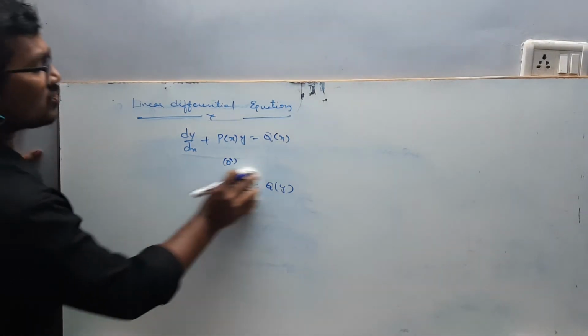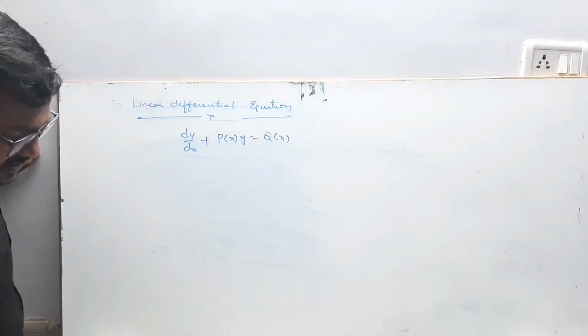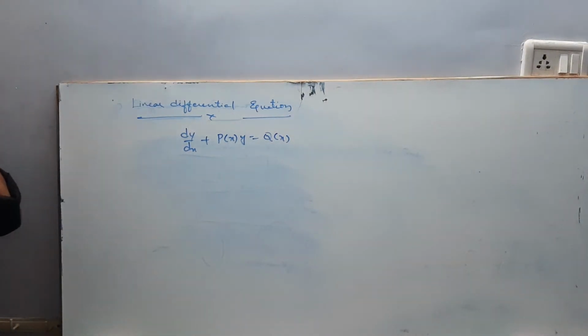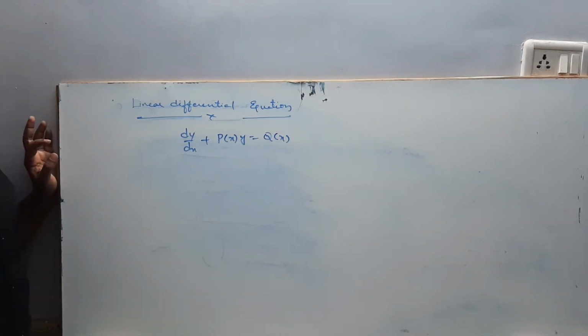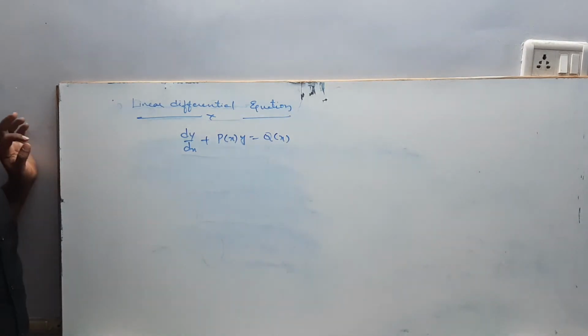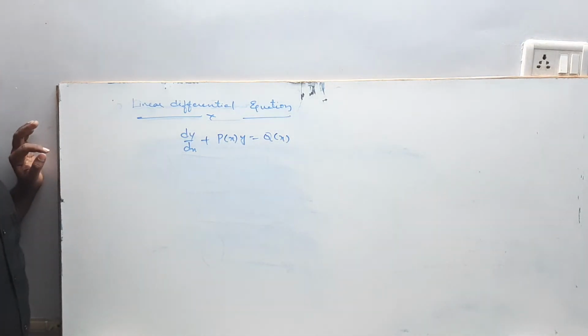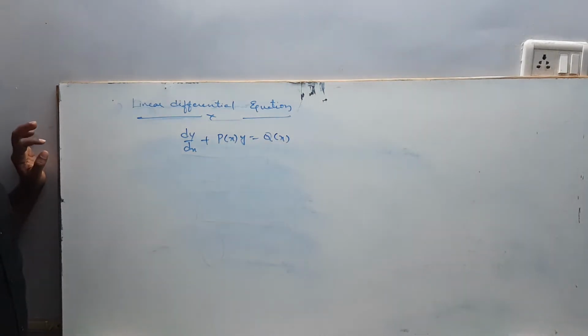Now we will see how to solve this type of linear differential equation. Before that, remember, in board exams and objective exams like JEE Mains, this is a very interesting question that they repeatedly ask, so please concentrate.